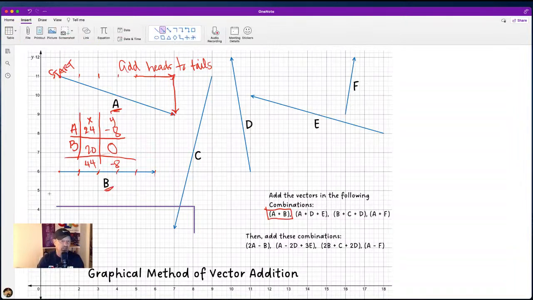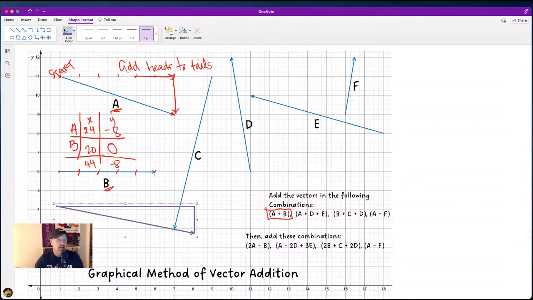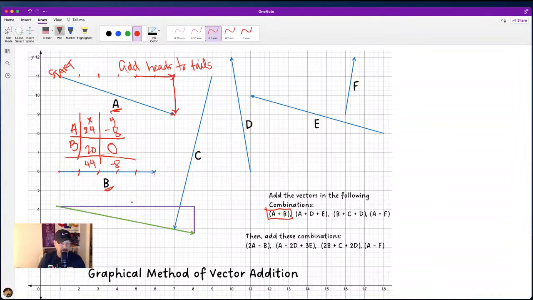So we start right there, and we end right there. We'll make that green. So the resultant vector, right here, would be 44. This would be 8. And then the resultant vector would be found by the Pythagorean theorem, 44 squared plus 8 squared.